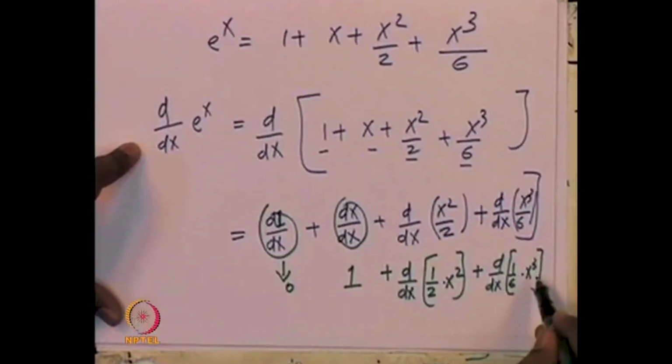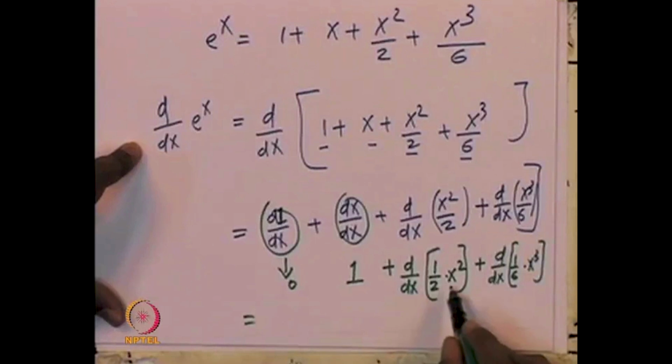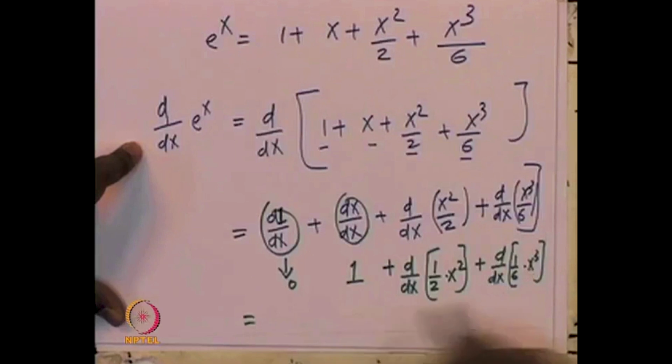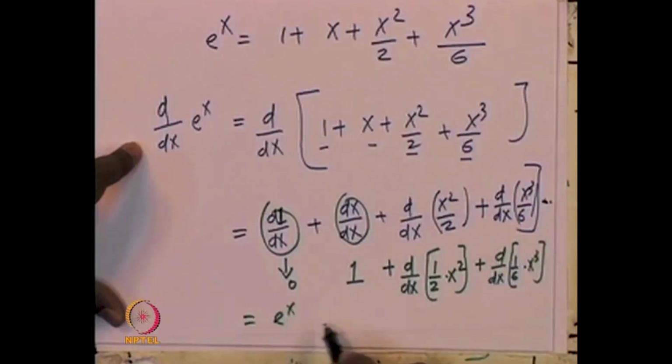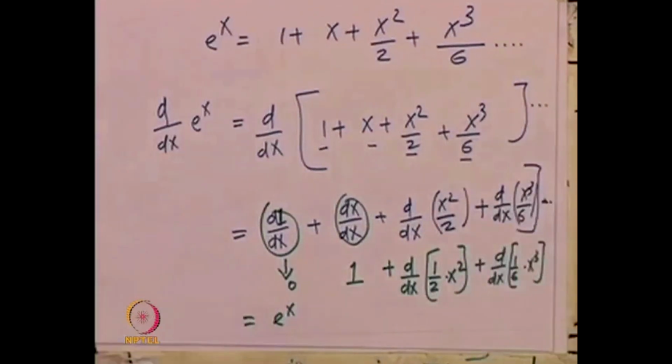So, you can use this product rule, d by dx of a times x square and d by dx of a times x cube, and finally you will get the answer e power x itself. So, by using the idea of infinite series, you will get e power x itself.